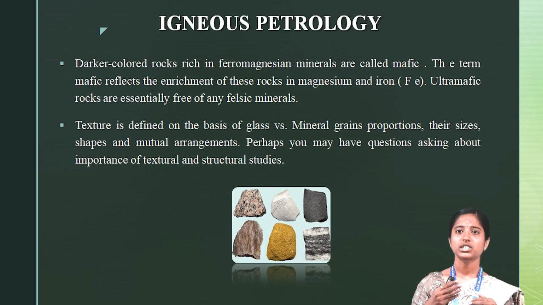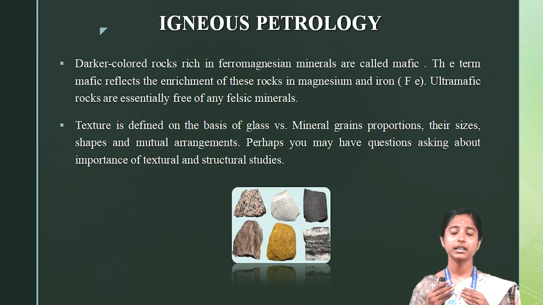The texture and structure provide an idea about the geological process during crystallization. If the magma is beneath the earth's surface, the crystallization process also takes place, and when the magma reaches the earth's surface, it becomes lava, that lava cools, and the cooled lava becomes rock.